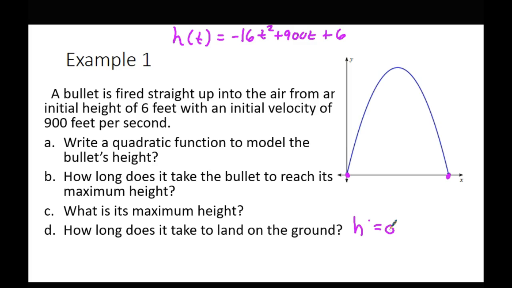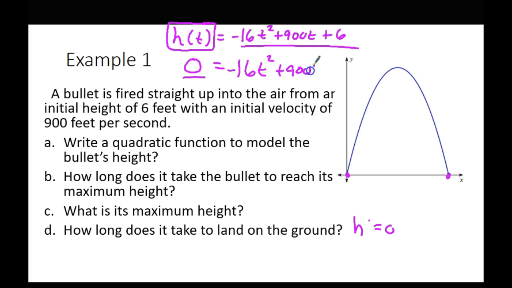Where does that 0 go? Goes right there. We're going to set the equation equal to 0. In other words, what value of t will give me a height of 0? And that will tell you how to find when it lands on the ground. So the answer to this question is find the what?